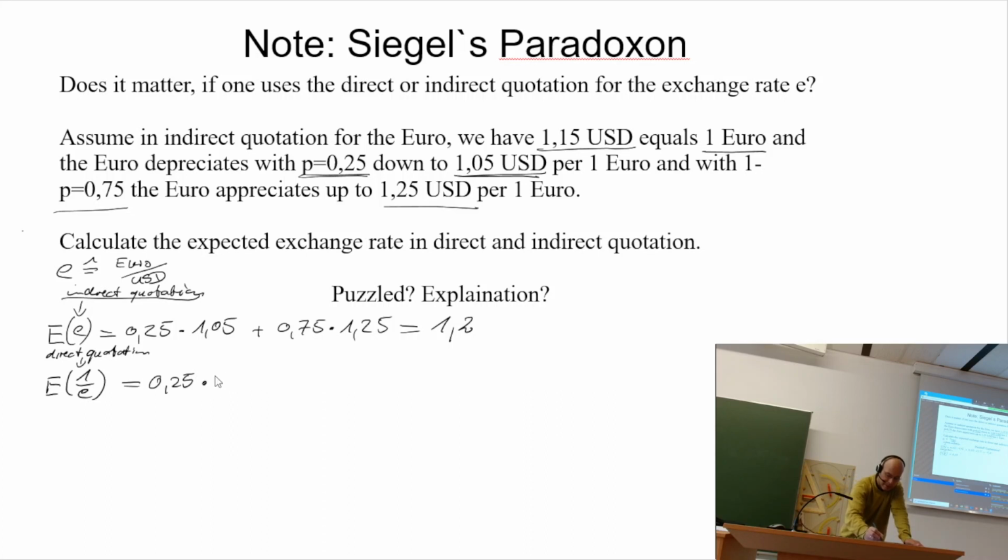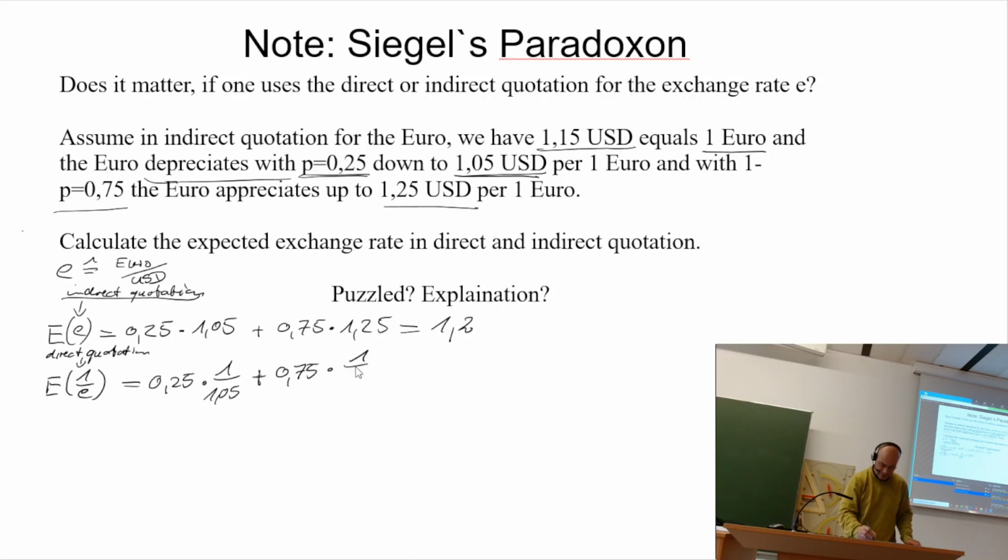So here we have times 1 over 1.05. Just doing it because we define now the exchange rate the other way around. Of course, this still means that we are depreciating. It's just the other description. Why should it matter? Let's see if it matters.